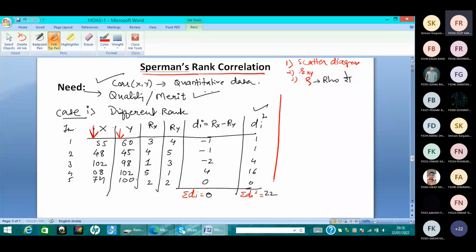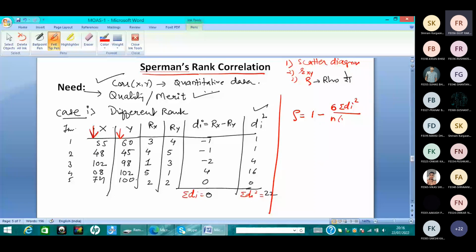Remember the formula. When there is no tie, when you get different ranks, when you have different observations, no repeating, what is the formula in that case? Spearman's rank correlation is 1 minus 6 sigma di square upon n into n square minus 1.